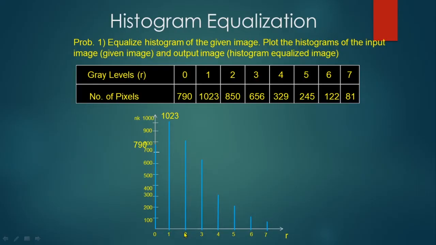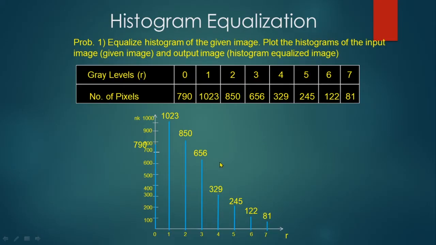For intensity level 3 there are 656 pixels. For intensity level 4 there are 329 pixels, and for intensity level 5 there are 245. For level 6 there are 122 pixels. For intensity level 7 there are 81 pixels.